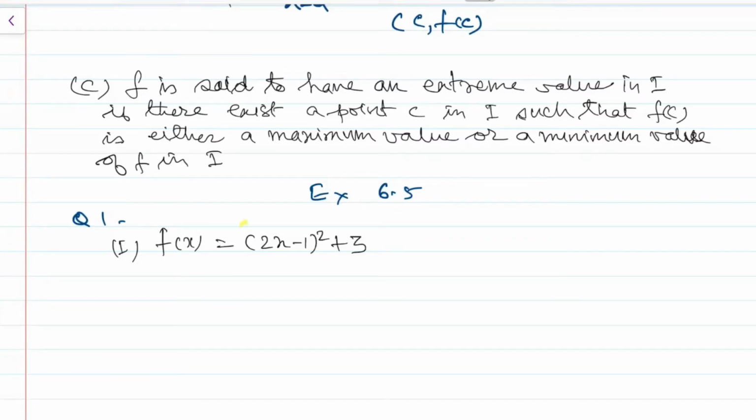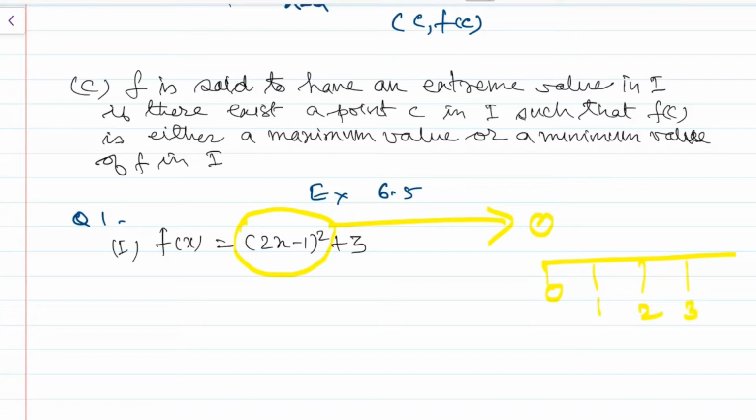Now, as we know that this is a perfect square, the minimum value of this is 0. We know that 0 is the lowest non-negative number. All other values are greater than 0. So the lowest value of this term is 0, and this function will have a minimum value.